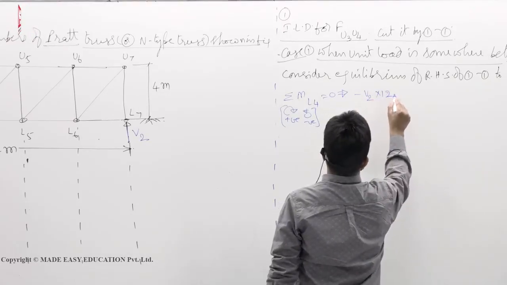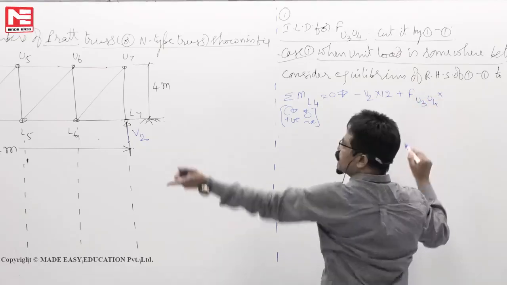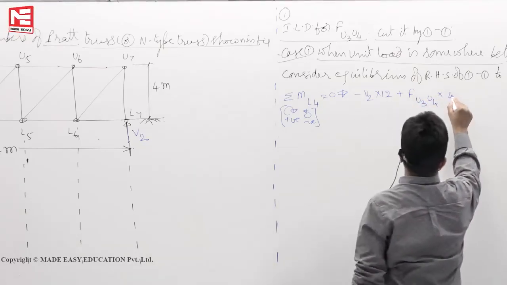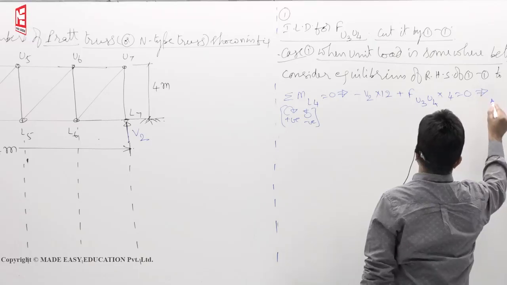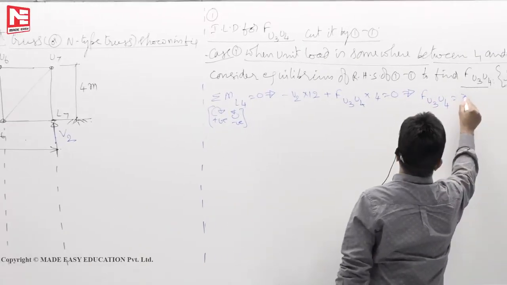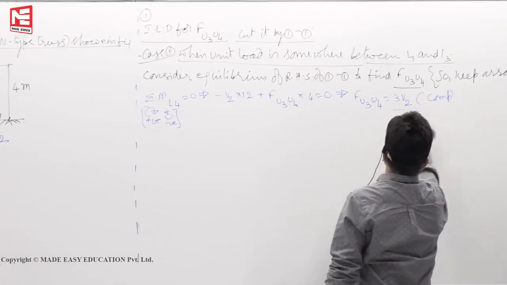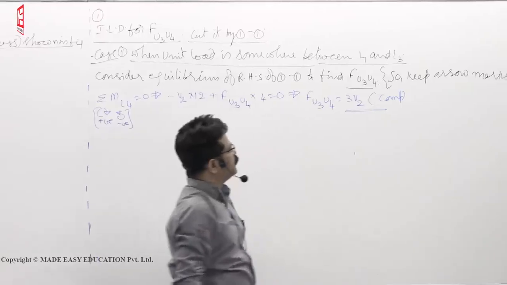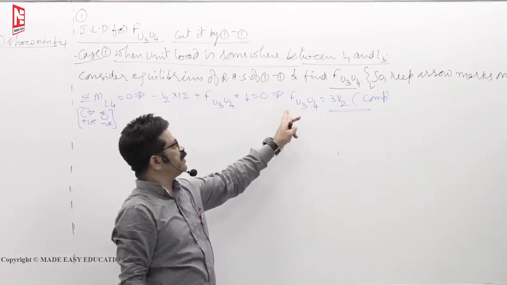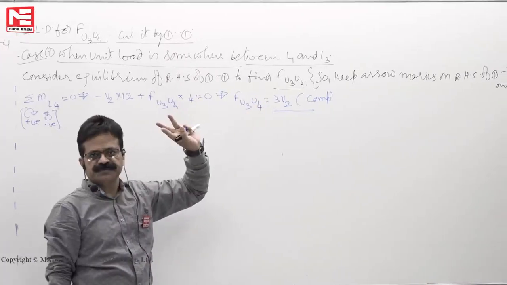Minus V2 into 12 plus F U3 U4 into 4 must be equal to 0. So you will get F U3 U4 is equal to 3V2. Arrow mark is towards the joint. So compression. So for any specific force in the specific location, F U3 U4 is 3V2.